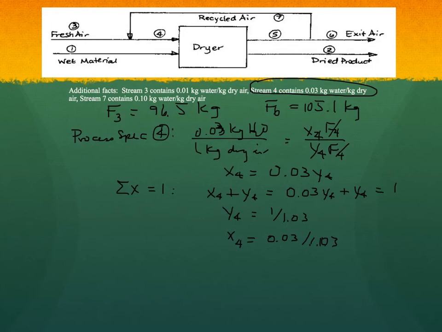0.03 divided by 1.03. Oh wow, okay, so there's something wrong with my calculator. It just keeps giving me 0 no matter what numbers I plug in.